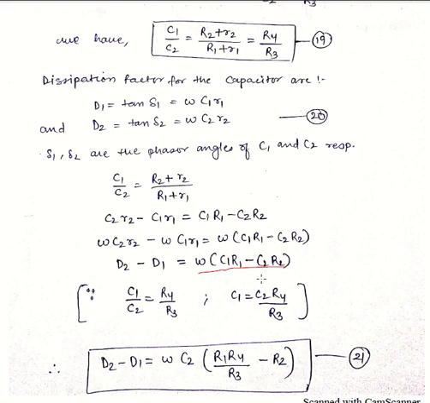So for finding the dissipation factor, we will not include C1 because it's an unknown factor. We'll replace it by the known parameters. So omega C2 in brackets, in the inner part we will have C1 divided by C2, and replacing this we will have R1 multiplied by R4 divided by R3 minus R2.